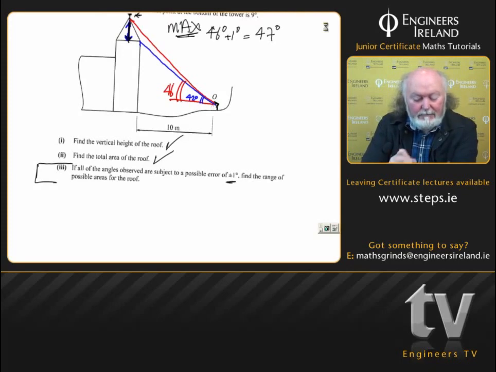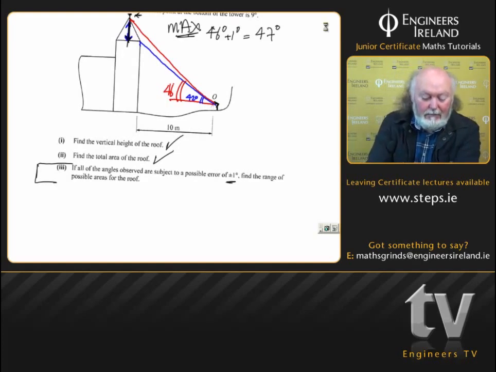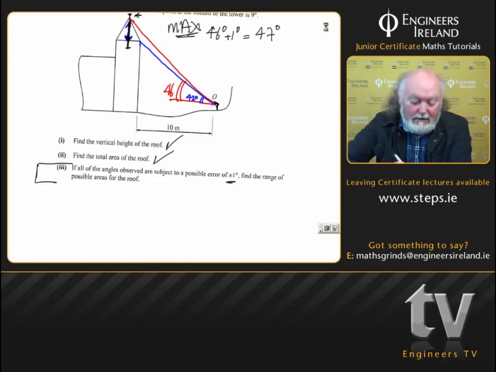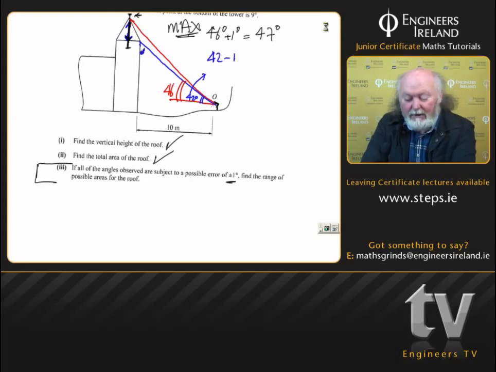the biggest one. What else would make the vertical height here bigger? If this dropped here, that means that if that line drops, if the blue line goes down, if it swings down, what will do that? If this angle here, 42, has 1 degree taken away from it, you'll get 41 degrees.